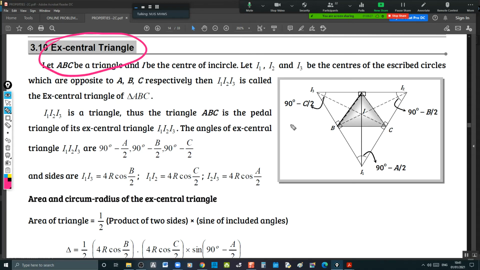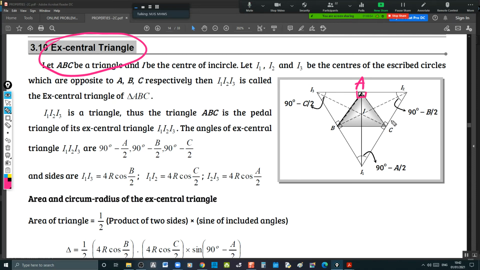Now you have to understand the important thing to be remembered: whatever the internal angular bisectors are for triangle ABC, they become the altitudes for triangle I1, I2, I3. You can understand that through the construction.